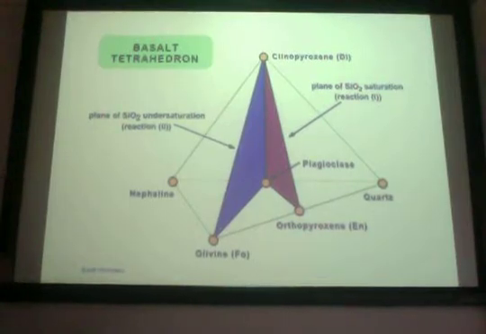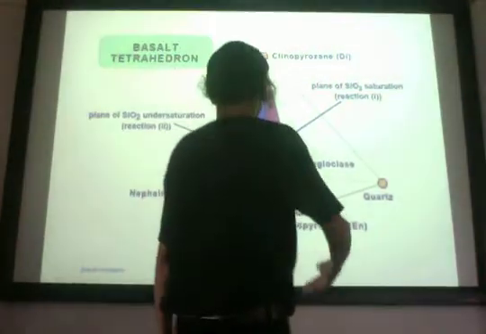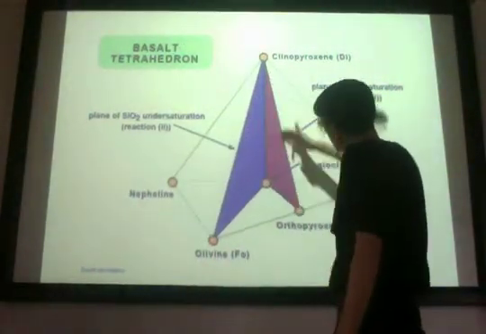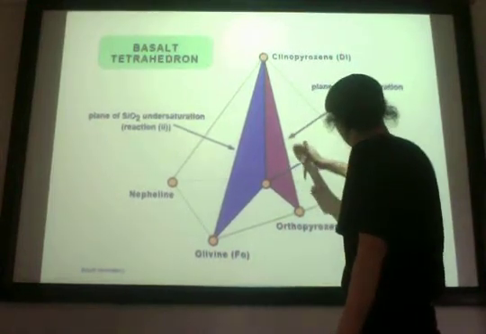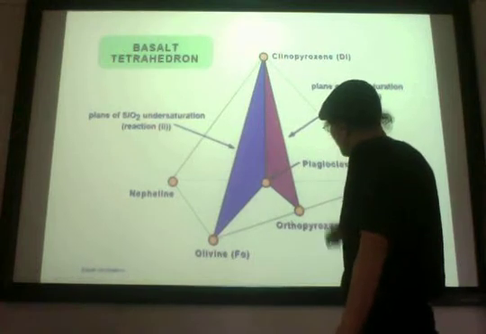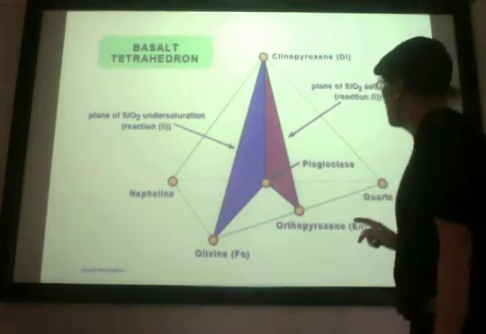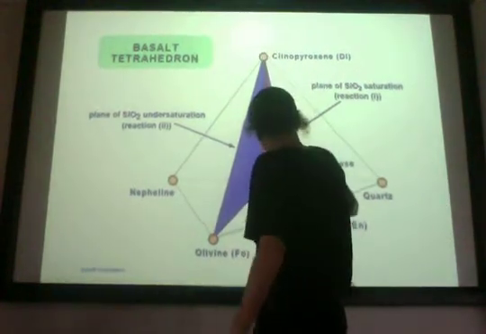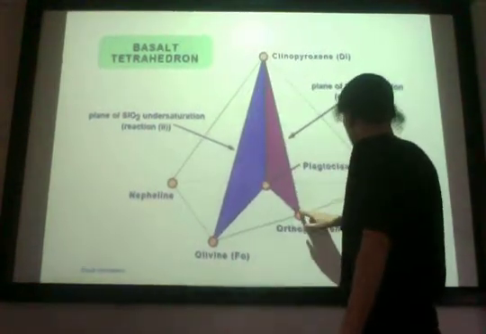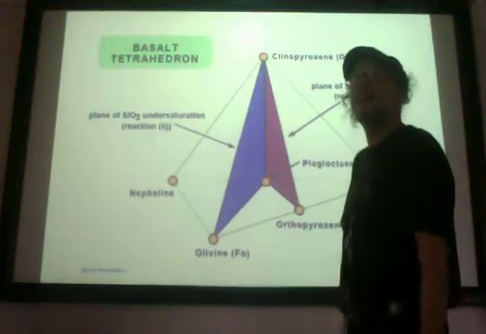But now we have here the plane of silica saturation, and that is here. That means we have here a basalt where we have quartz inside, and this basalt then contains the minerals clinopyroxene, plagioclase, orthopyroxene, and quartz, yeah?